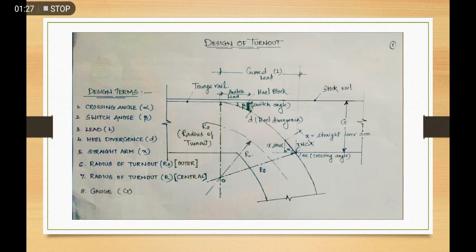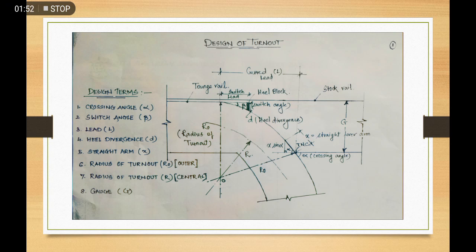First of all, a turnout is an arrangement of two tracks in such a way that the train changes its direction from one track to another. While changing the direction, the two tracks converge with each other, forming a crossing.